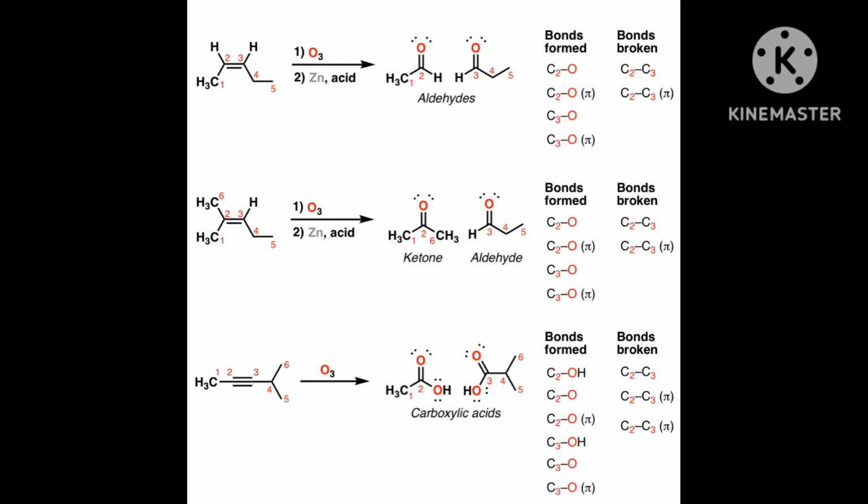Carbon number 2 already has a CH3 group attached, and it was propane. Now one oxygen came, so the second carbon has a methyl group and C=O.